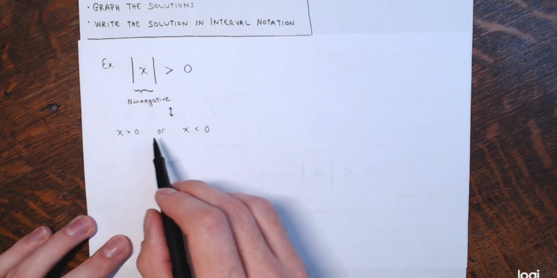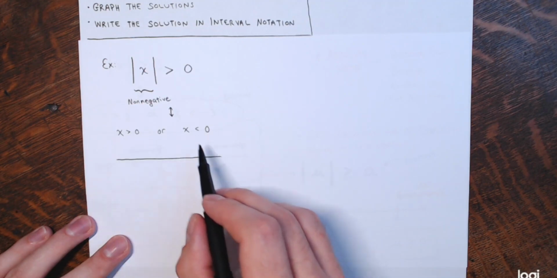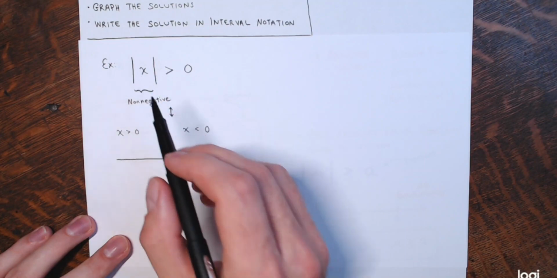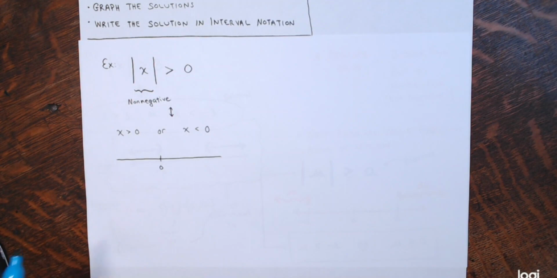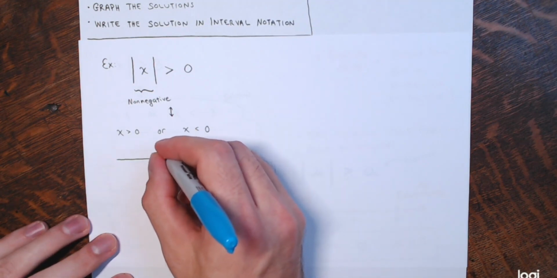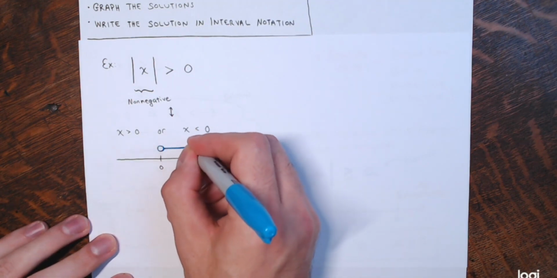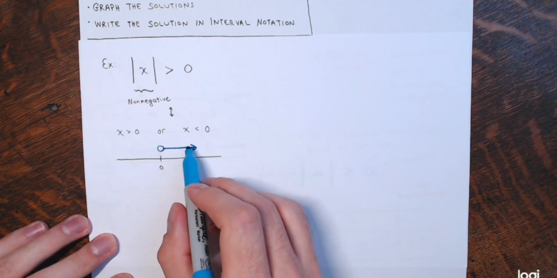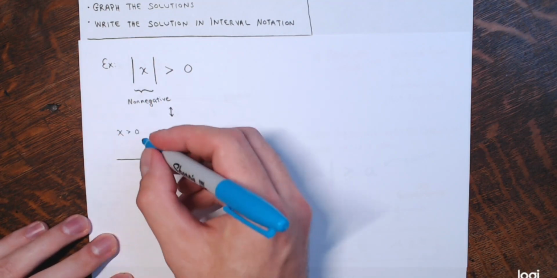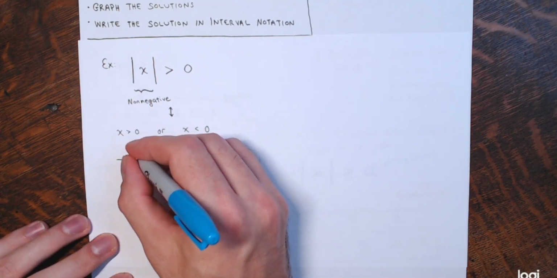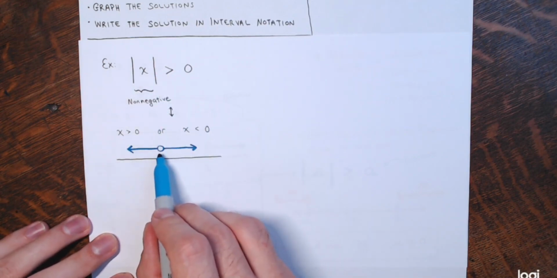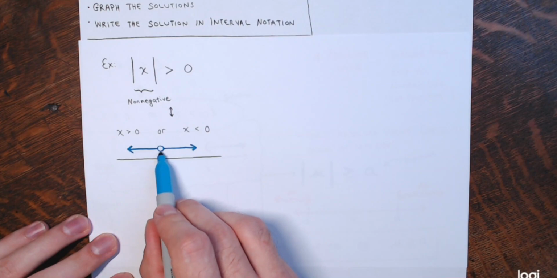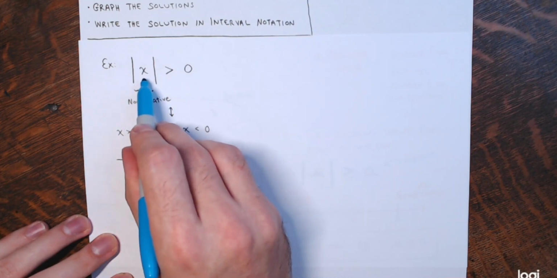So really, what you're seeing here is the solutions to something like this, here's 0, is every number except 0. Right? All the numbers greater than 0 would work. All the numbers less than 0 would work. The only number, that's why I've got a hole here above 0, the only number that wouldn't work here is 0 itself.